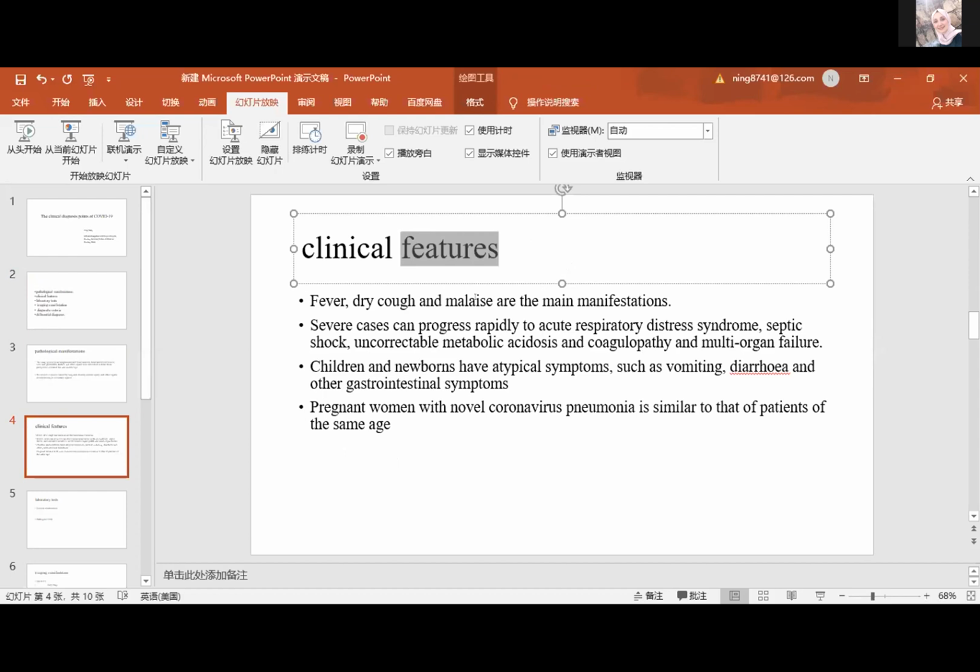The lung, spleen, lymph nodes, bone marrow, heart and blood vessels, liver and gallbladder, kidney, and other organs were described in detail from the perspective of naked eye and microscope. It is emphasized that the disease is mainly caused by lung and immune system injury, and the other organs mostly belong to secondary injuries. Next, let's take a look at the clinical features.